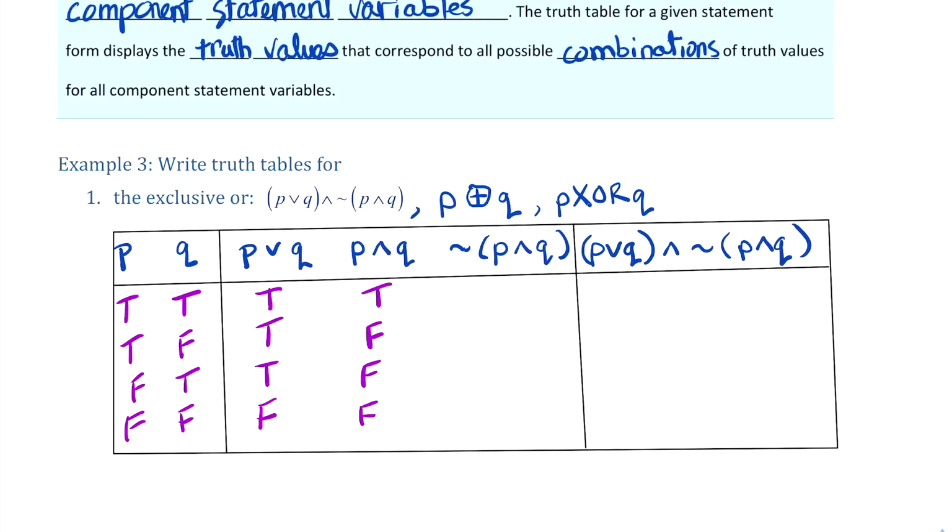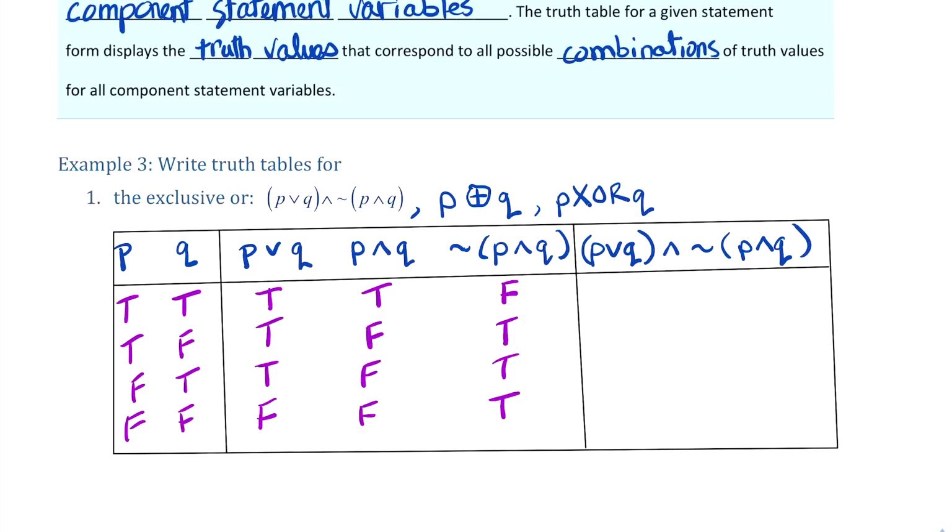Groovy? Awesome. So now to negate that, all we would do is put the negation of the truth value. Good so far? Awesome. You guys are doing great.